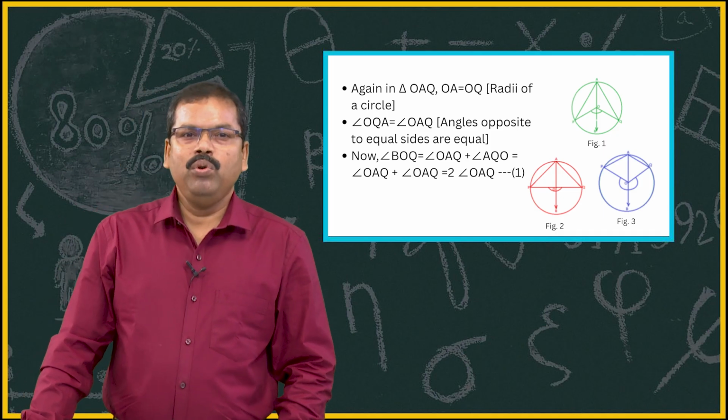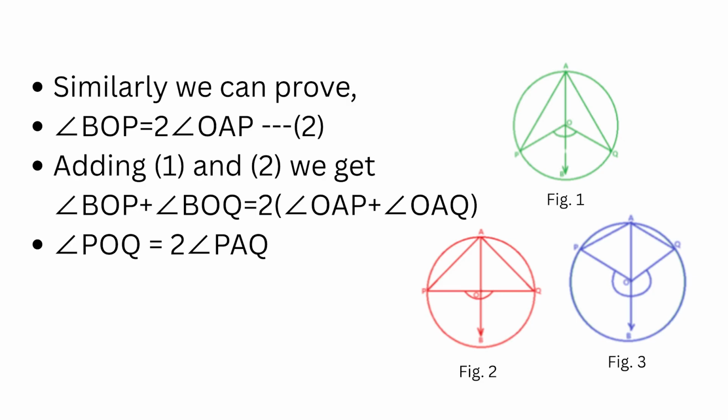Similarly, we can prove angle BOP equals 2 times OAP. Adding 1 and 2, we get BOP plus BOQ equals 2 times OAP plus OAQ.